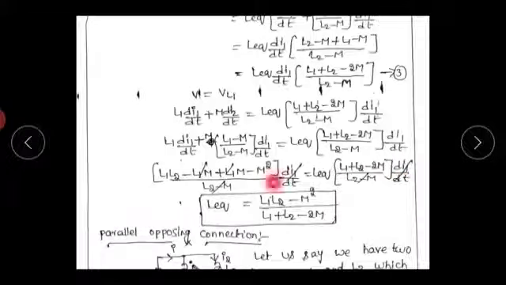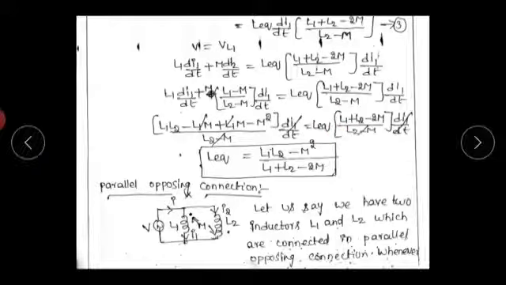On both sides di1 by dt and L2 minus M cancel, and minus L1 into M plus L1 into M is 0. So finally L equivalent equals L1 into L2 minus M square by L1 plus L2 minus 2M. This is the equivalent inductance of the parallel aiding connection.